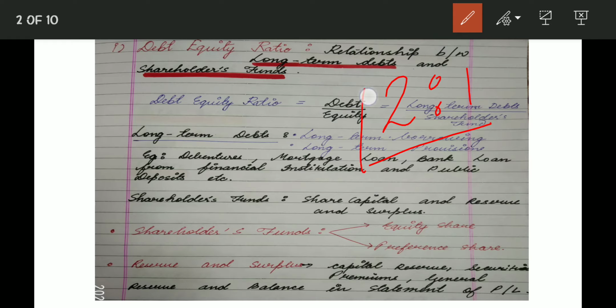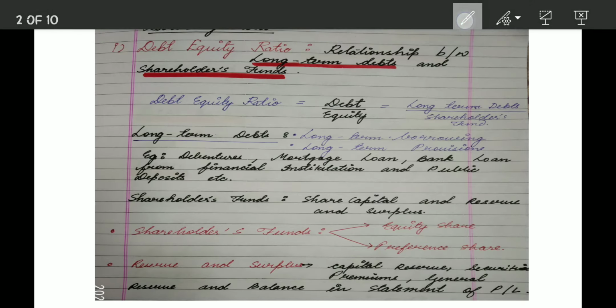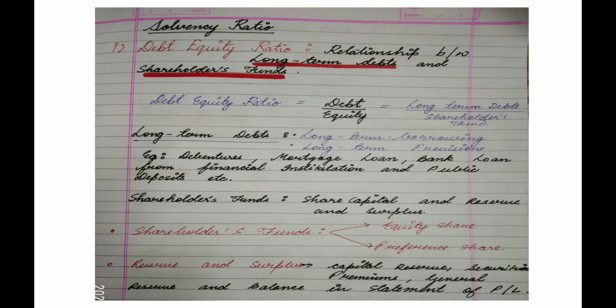Ideal ratio of this ratio is 2:1, right? So if the debt equity ratio is more than 2:1, it is considered a good position, and if it is lower, then it shows the use of owners' fund in a wrong way.